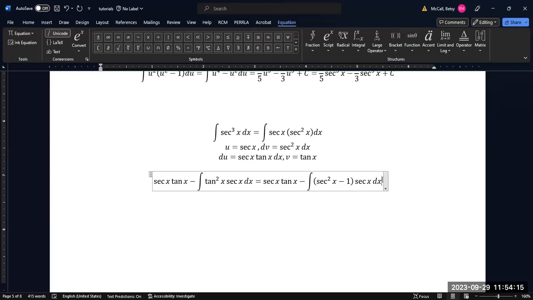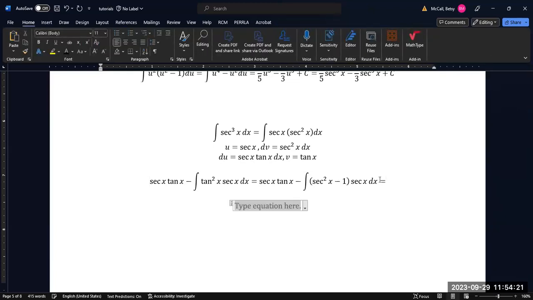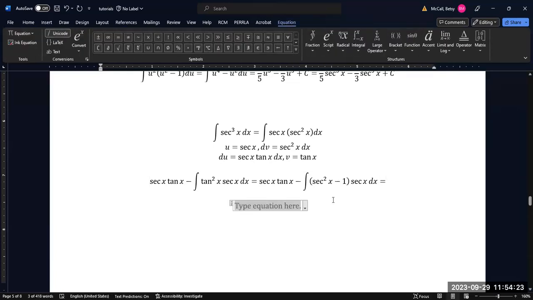So I'm going to distribute my secant, and then we will have a problem to solve. I'm going to copy this because that's not going to go anywhere.